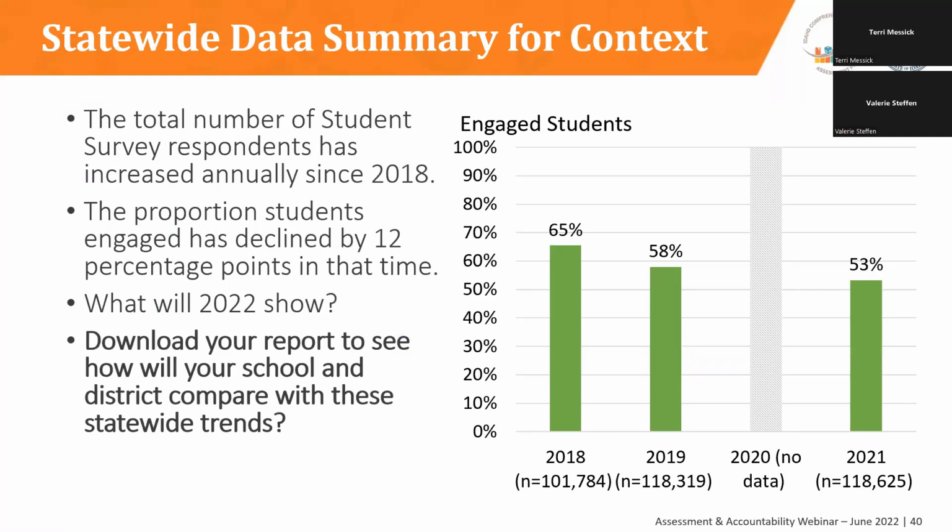To inspire you to look at your own available reports, I'll give you an overview of what we've seen at a statewide level across the past few years. Here you see the statewide proportion of students across all grades who were identified as engaged in each of the 3 reporting years. You can see that the engagement proportion has declined 12 percentage points since 2018 from 65% to 53%.